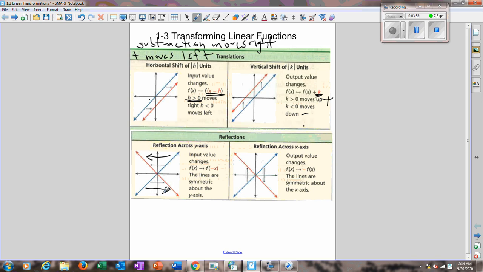For reflection across the x-axis, it's our output value that's changing. So we make the entire thing negative.